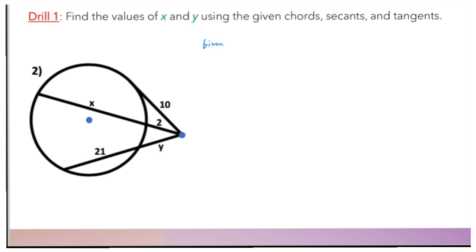Given a secant and a tangent. So our entire secant here is x plus 2 times external, which is 2. And the tangent should be 10 raised to 2. So by distributive property, 2 times x, 2 times 2.